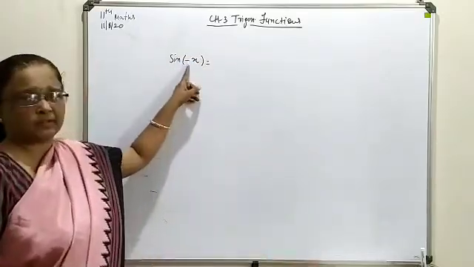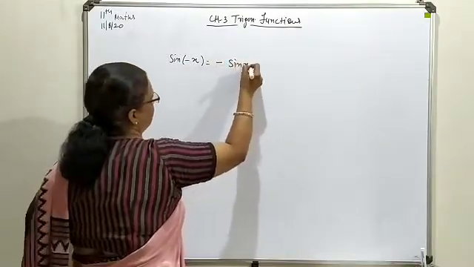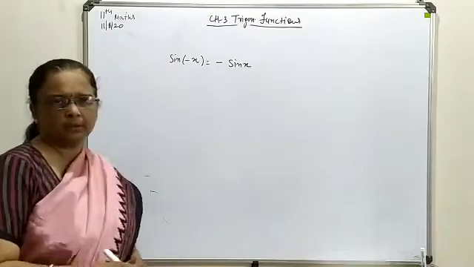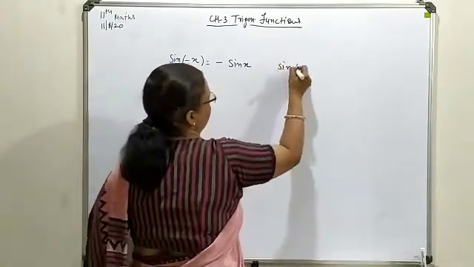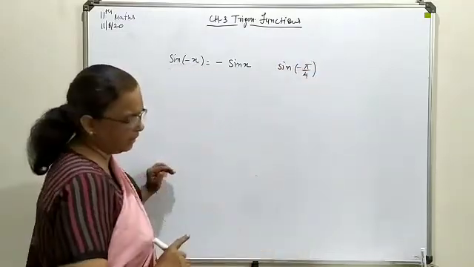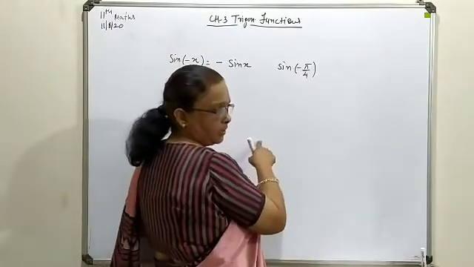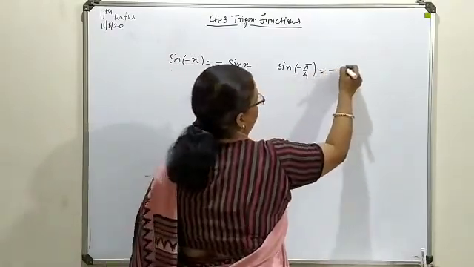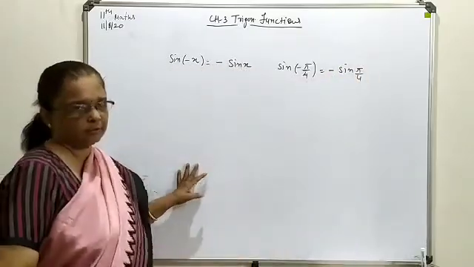So at this time, minus is to be written first before your trigonometrical term. Just for example, suppose your angle is written like this, sine of minus pi by 4. At that time, because in this form your solution will not be possible, it will be minus sine pi by 4, and sine pi by 4 we will write the solution form.